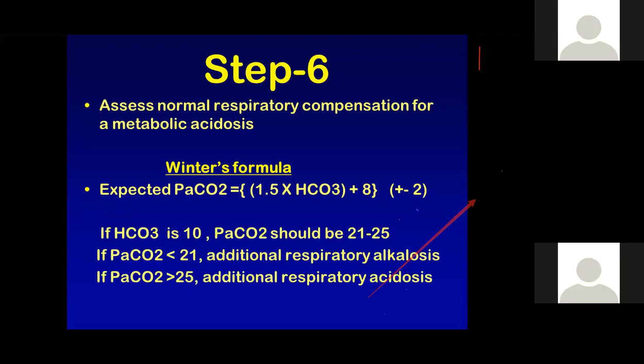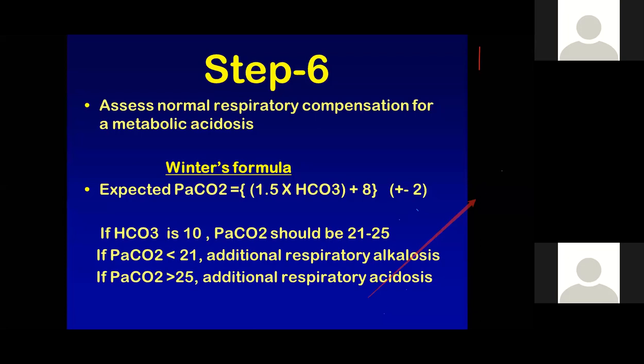If bicarbonate is 10, the PaCO2 should be between 21 to 25. If the PaCO2 is less than 21, that means there is an additional respiratory alkalosis. Or if the carbon dioxide is more than 25, the patient can have an additional respiratory acidosis. That is what Winter's formula application is for.